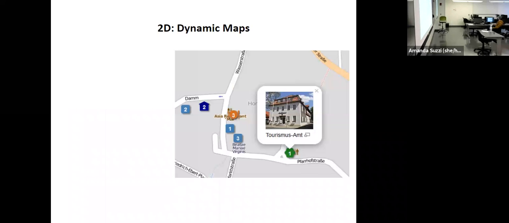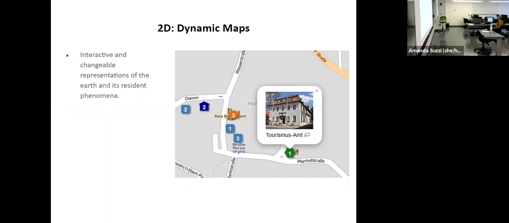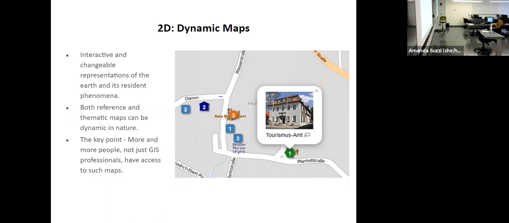There's also dynamic maps. Yay, welcome to the future. They're interactive. You use them probably every single day. Waze, Google Maps, Pokemon Go is even a dynamic map of a different sort. There are some really cool dynamic maps.